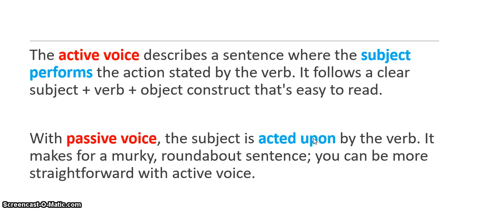The subject is now almost receiving the action. It makes for a murky roundabout sentence. You can be more straightforward with active voice. So in active voice, the subject performs the action, and in passive voice, the subject receives the action.